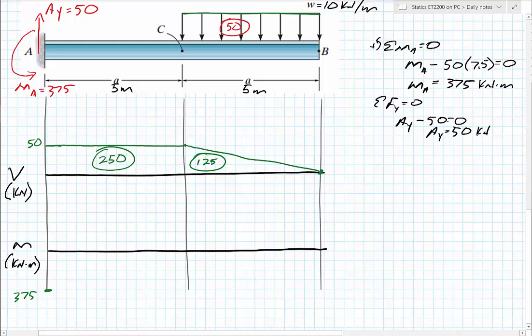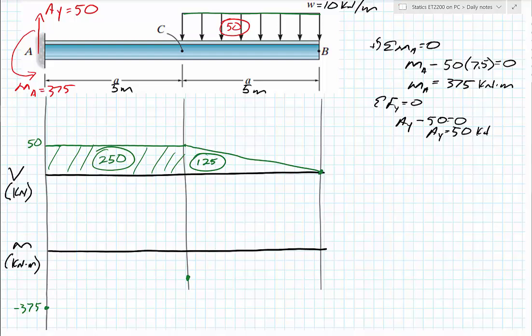Then I change by the magnitude of the area in my shear diagram, which is a positive 250. So negative 375, and then we're going to go to negative 125. Because this is a flat line, then this has to be a line with a constant slope.